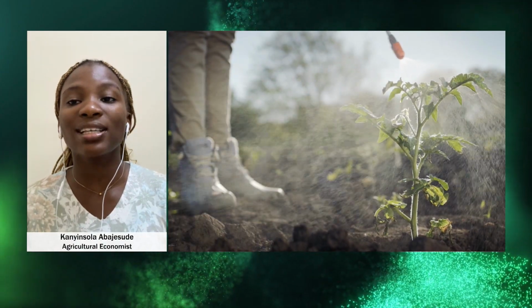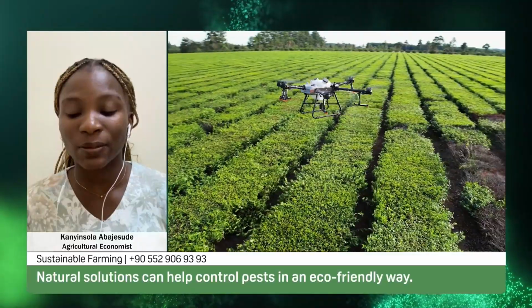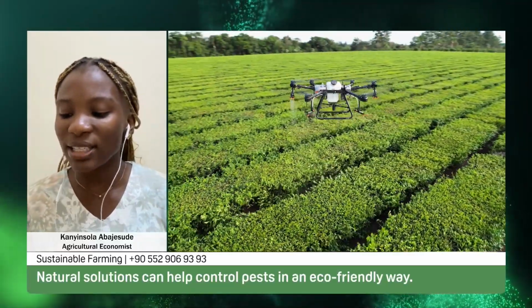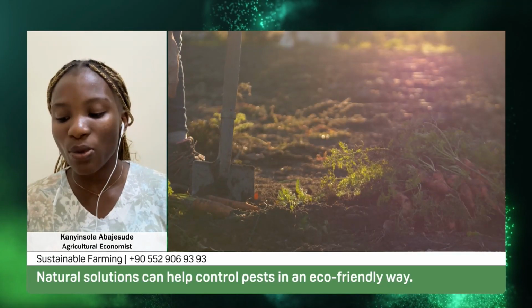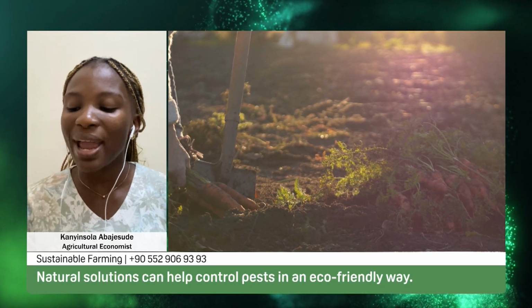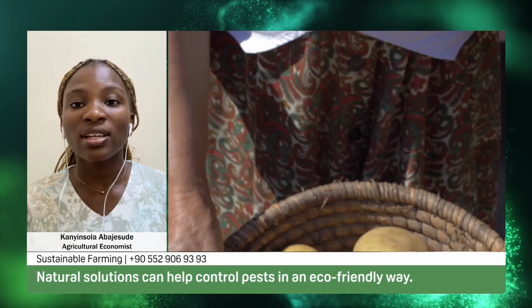It is very good as a natural alternative to chemical pesticide. Another one is chili garlic spray. This helps to repel insects and it is very easy to make.